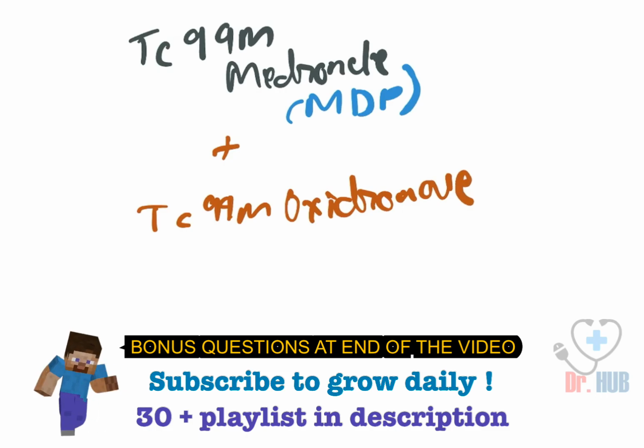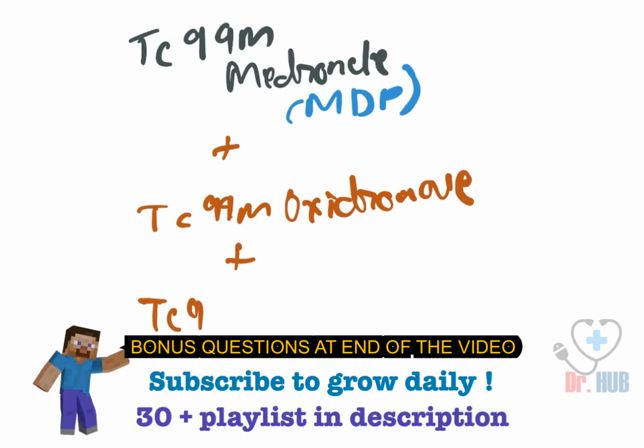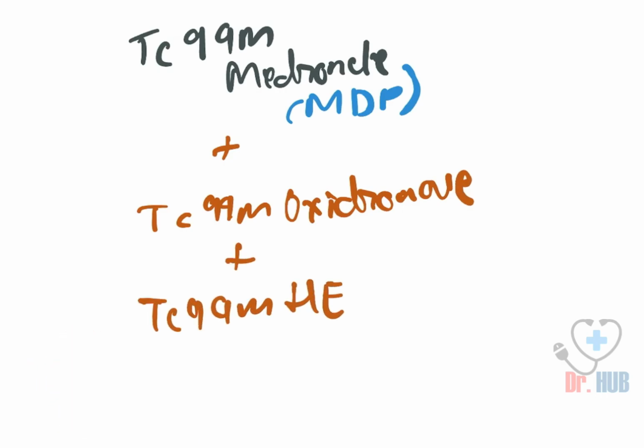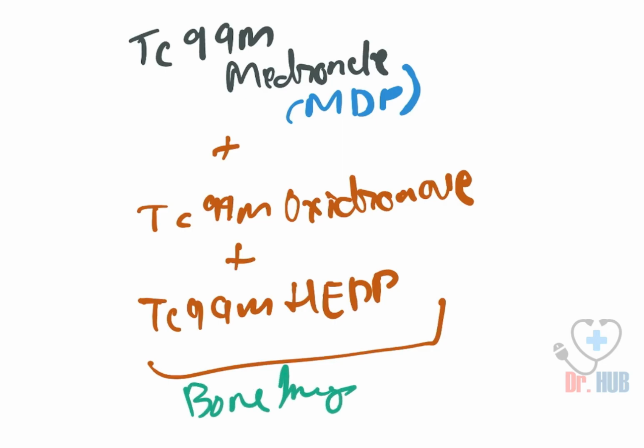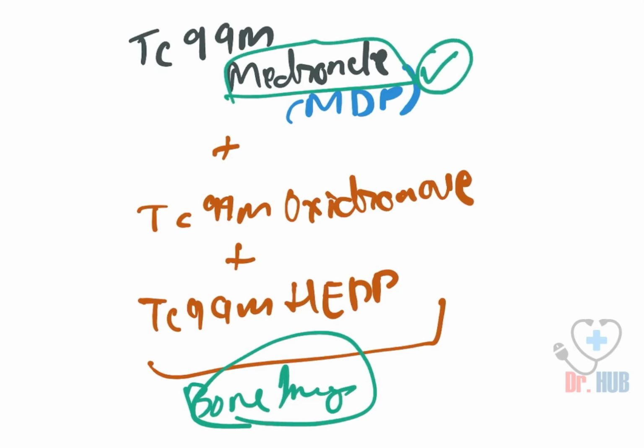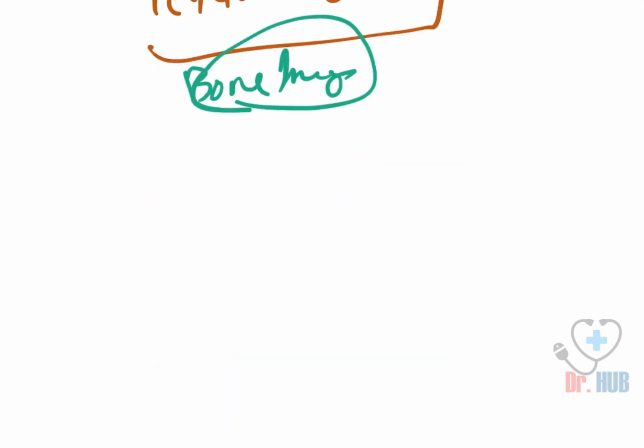Okay, medronate, oxydronate, and along with the TC99M HEDP. All of these are used for bone imaging. So what is used in bone imaging? Medronate is most commonly used, and also the oxydronate and the HEDP.